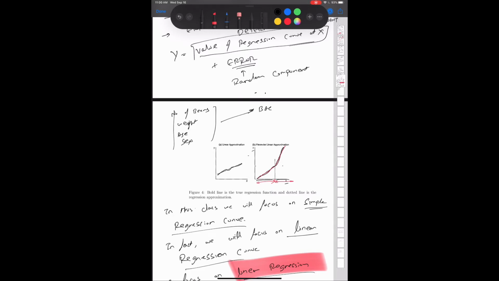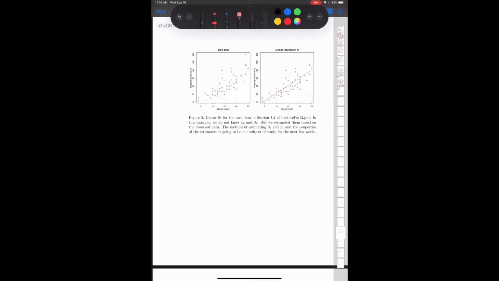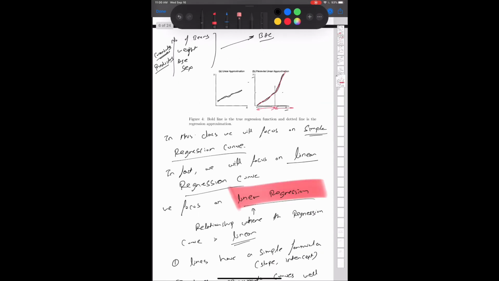So sometimes in regression we will talk about having multiple covariates, and each of these are covariates, right? And these are covariates or predictors, and this is the dependent random variable.